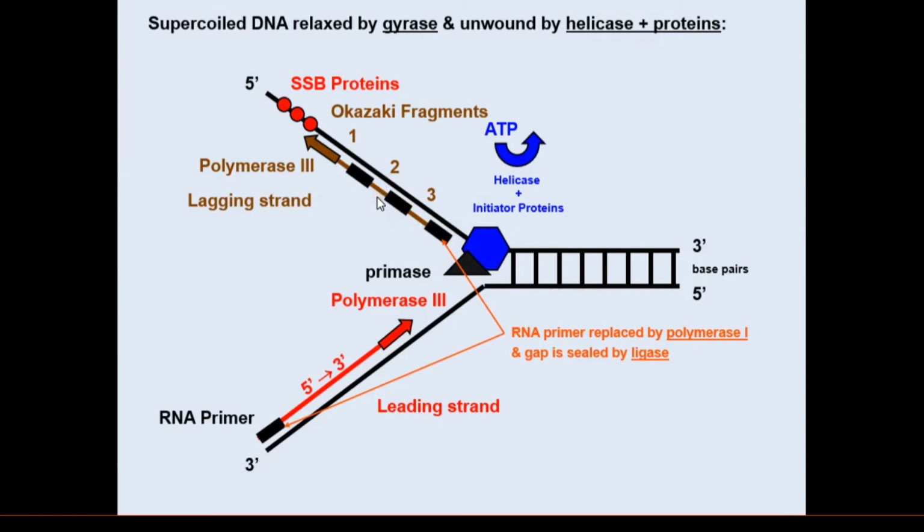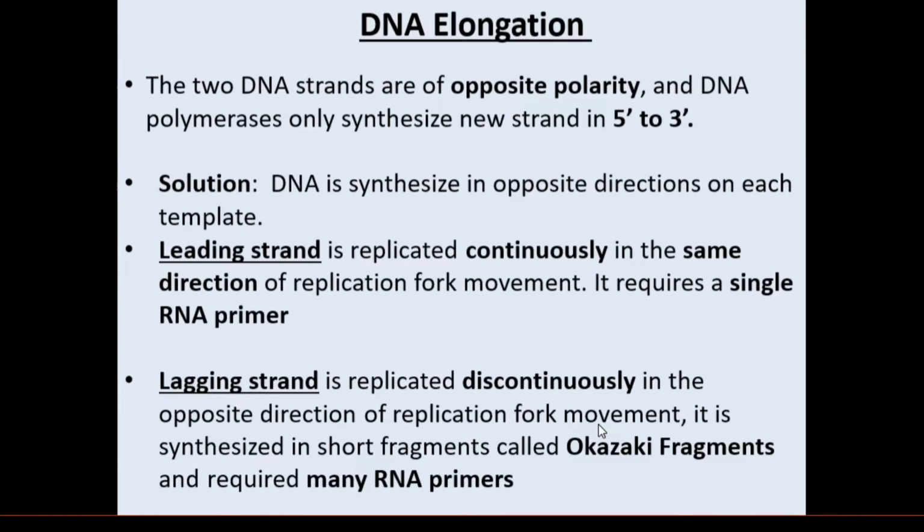The two DNA strands are of opposite polarity, and the DNA polymerase only synthesizes a new strand in the 5' to 3' direction.